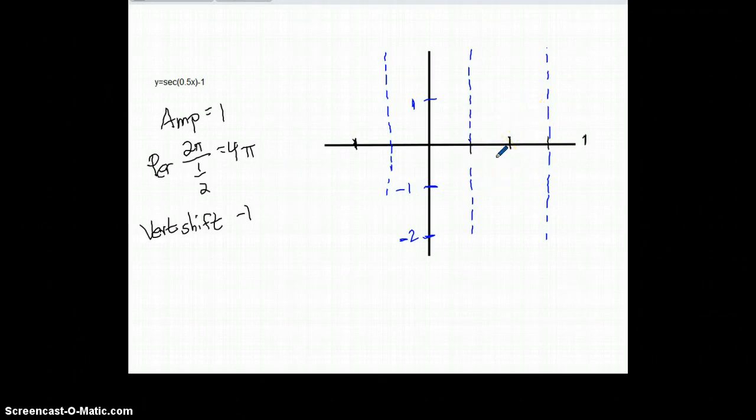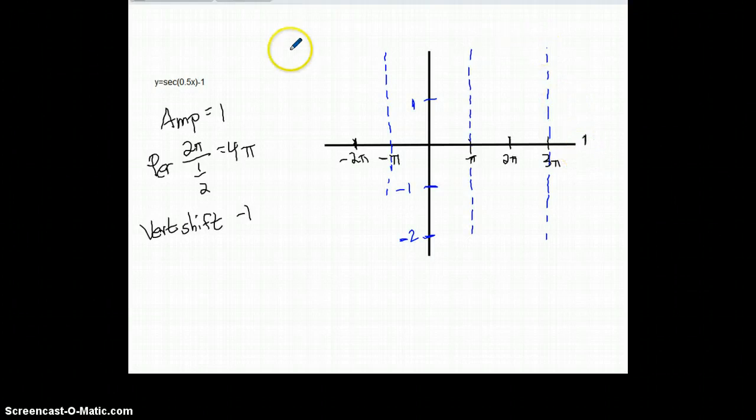So everything's going to be stretched out. So this is going to be pi, that's going to be 2 pi, and 3 pi, and so on. I'll make negative pi out here. That's because the period is increased. The period's 4 pi. So 1, 2, 3, 4.